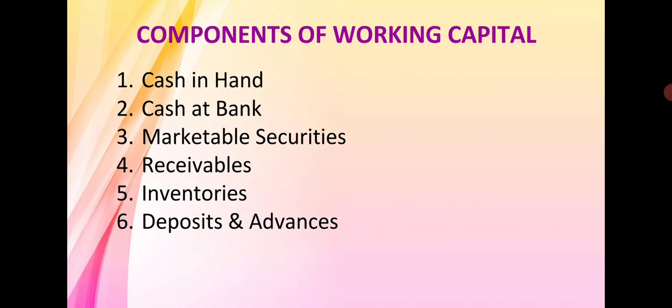The first one is cash in hand, then cash at bank, then marketable securities. Marketable securities are those securities which can be easily converted into cash. You can easily sell the security in the market, and it is converted into cash.